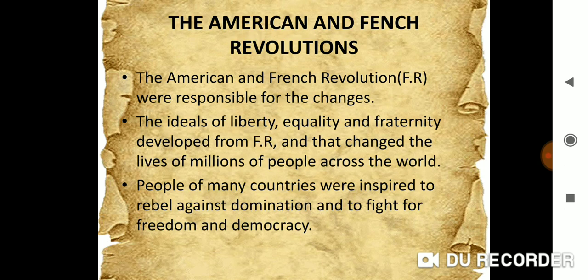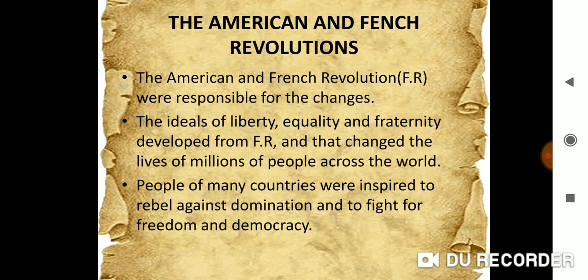Now I will discuss the American and the French revolutions. Sorry, there is one spelling mistake. That should be French Revolution. The heading: the American and the French revolutions were responsible for the changes. The ideals of liberty, equality, fraternity developed from the French Revolution.